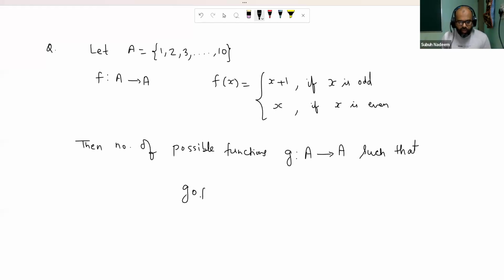g of f. Do you know composite function? Do you remember? Have you done composite function? Oh, Faza is saying that you have not done it.